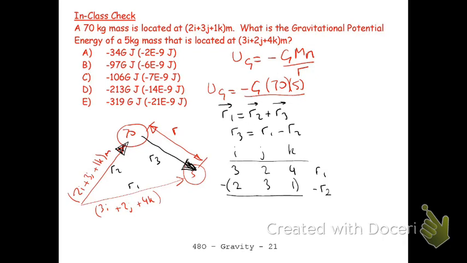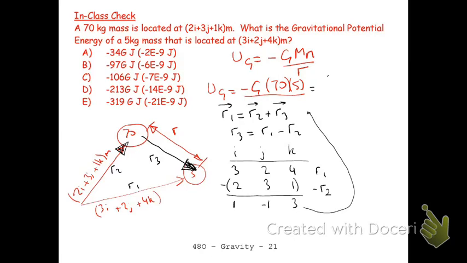So then I go, okay, 3 minus 2 is 1. 2 minus 3 is minus 1. 4 minus 1 is 3. So then I go, take this up here.